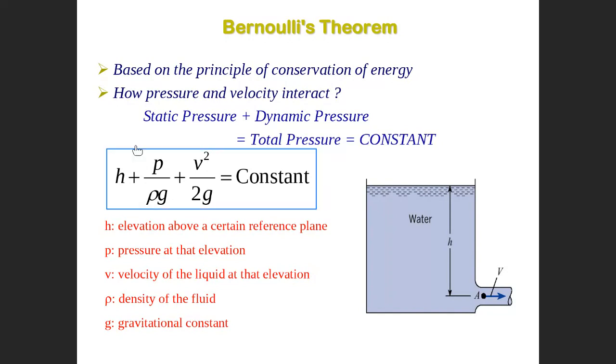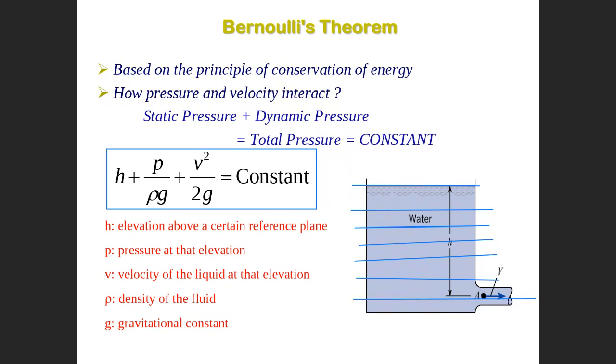It says that h plus p divided by rho g plus v squared divided by 2g is equal to a constant. So total pressure is constant at any level, as you can see.